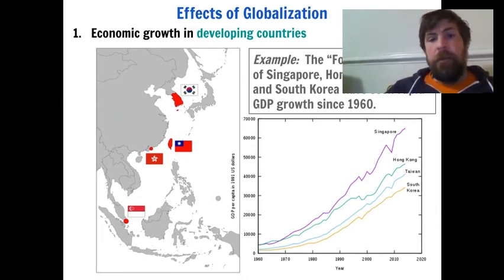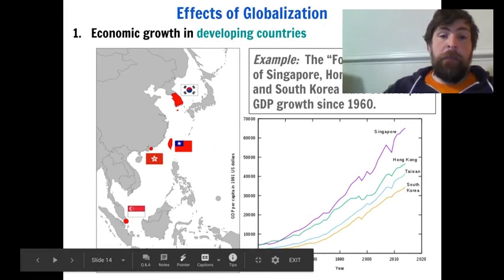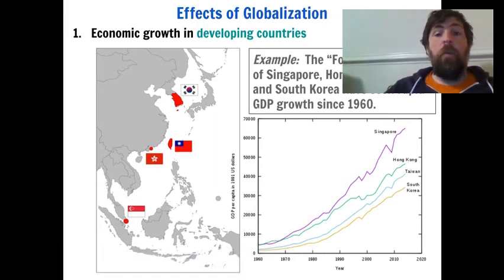As American companies have started to manufacture more goods in South Asia, as more companies in South Asia have been able to compete and to sell their goods in the United States, those countries have seen incredible economic growth and have become much more developed and successful and have a much higher quality of life.